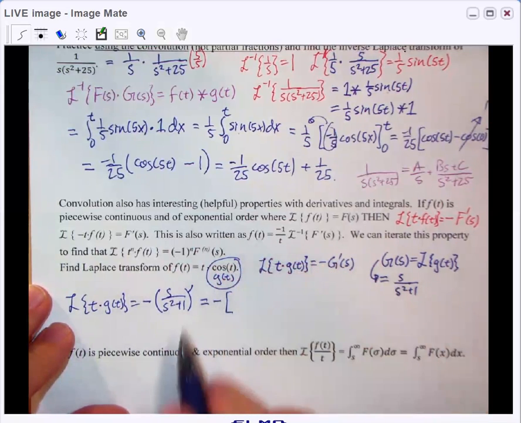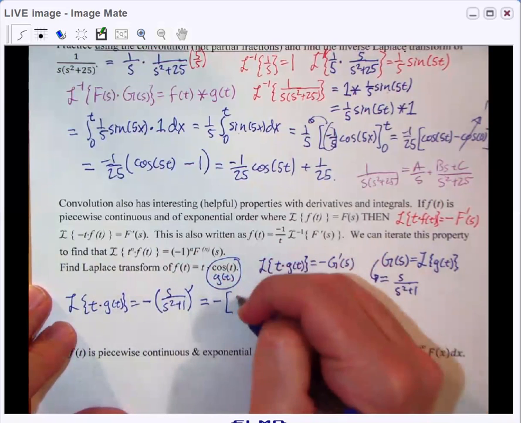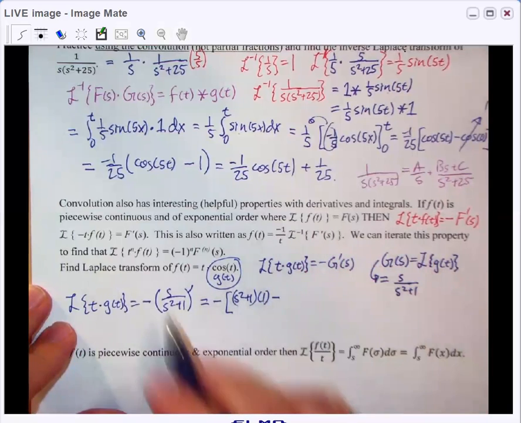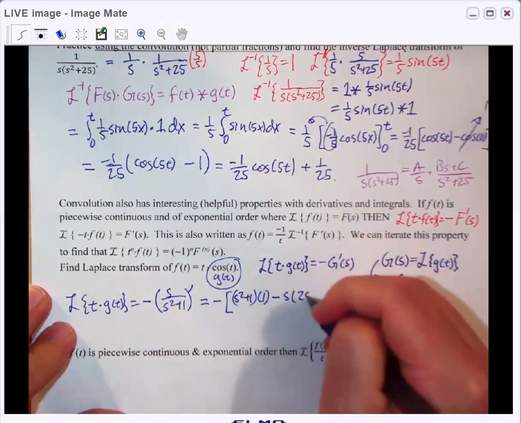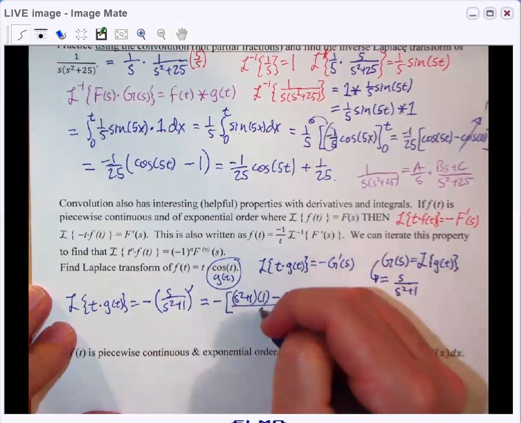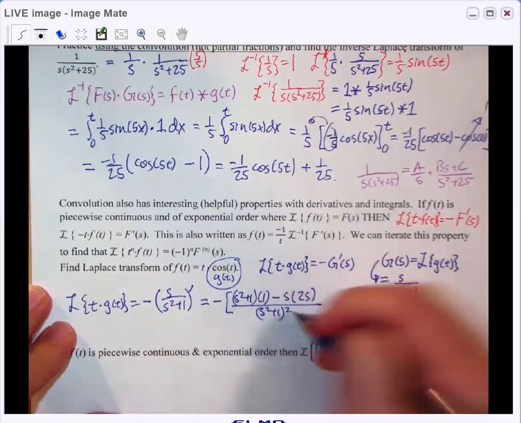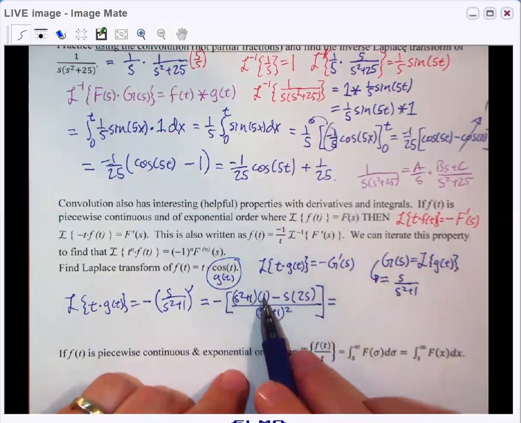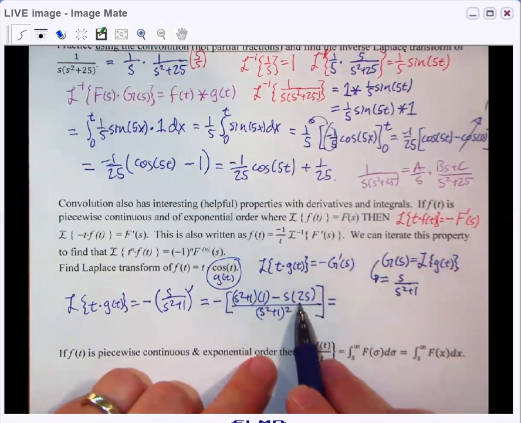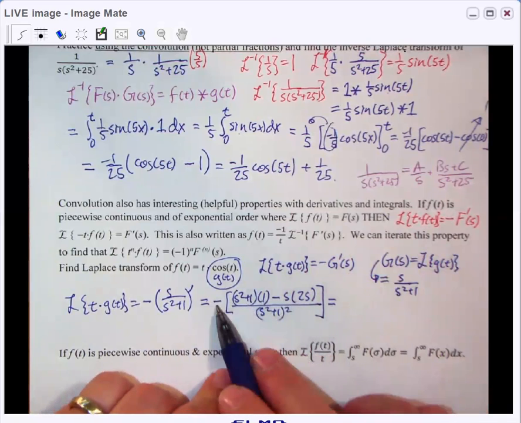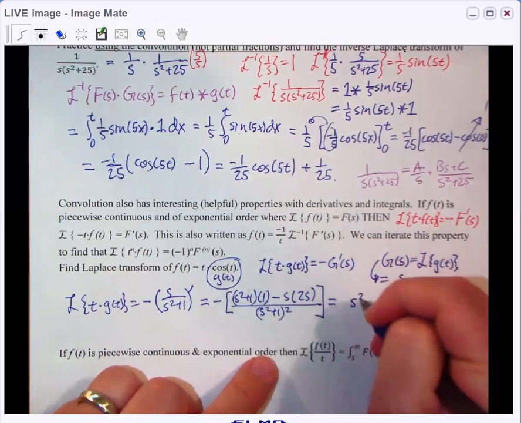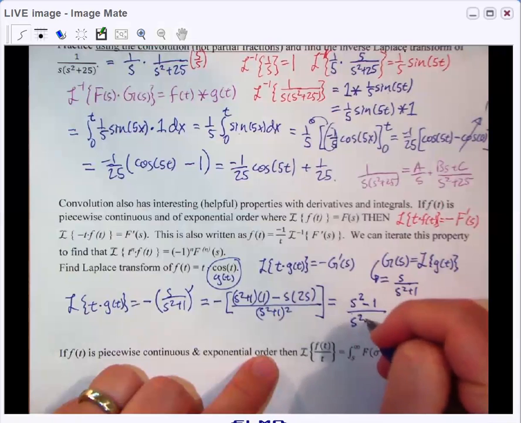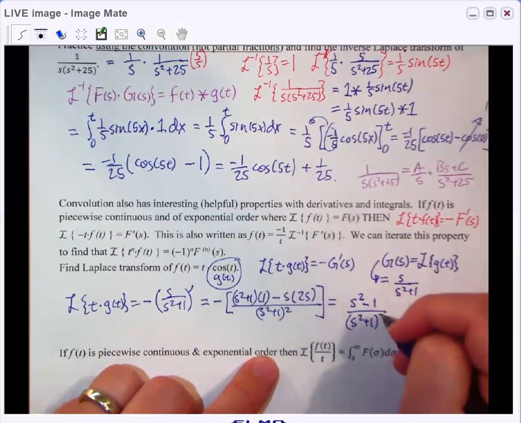The quotient rule is going to tell us, let's do low d high: s squared plus 1 times the derivative of the top, which is 1, minus high d low, all over low squared. Which would give me s squared plus 1 minus 2s squared, which would be negative s squared plus 1, but then we've got to negate all that, so we would get s squared minus 1 over the quantity s squared plus 1, squared.